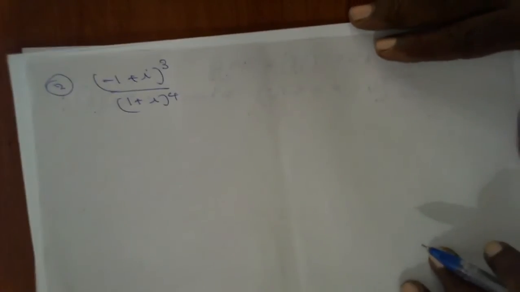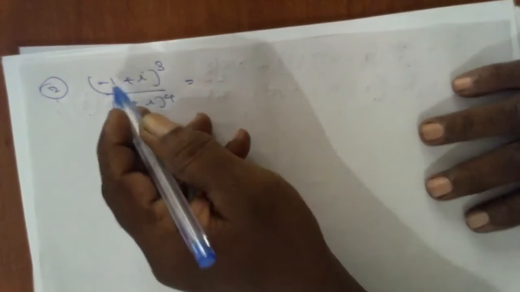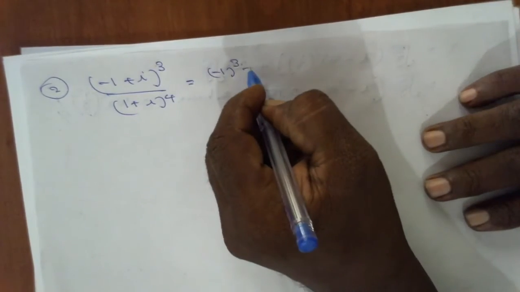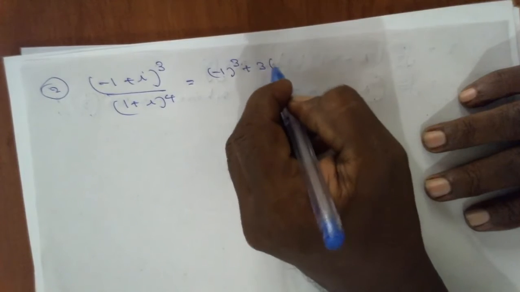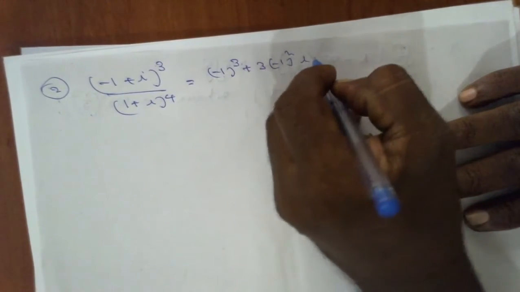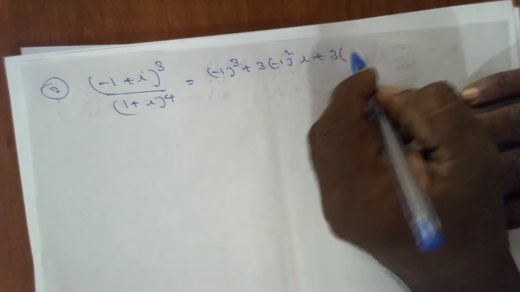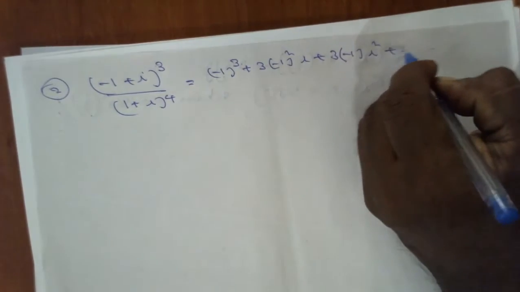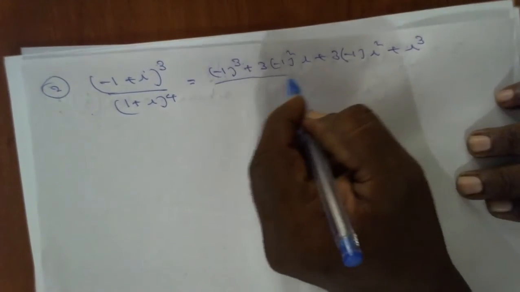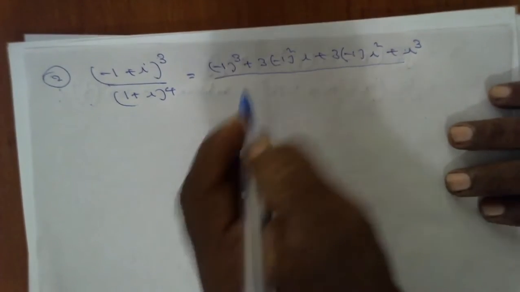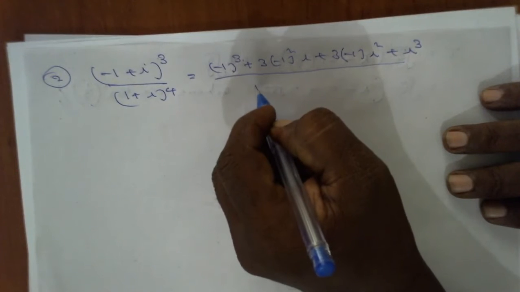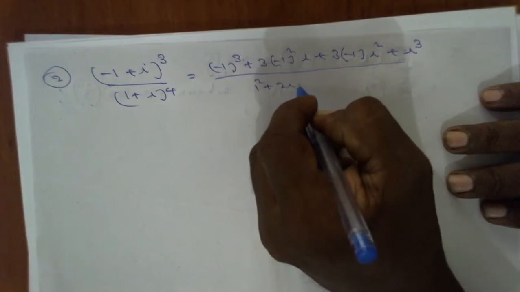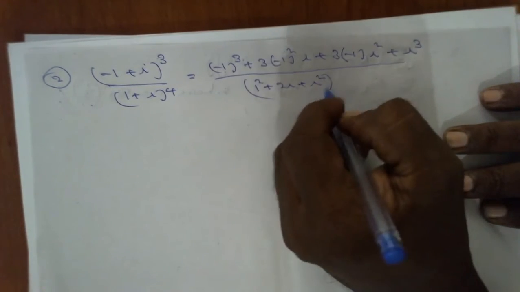So you can simplify like this. Minus 1 cubed plus 3 times minus 1 squared i, plus 3 times minus 1 i squared, plus i cubed, over 1 squared plus 2i plus i squared, whole thing squared.